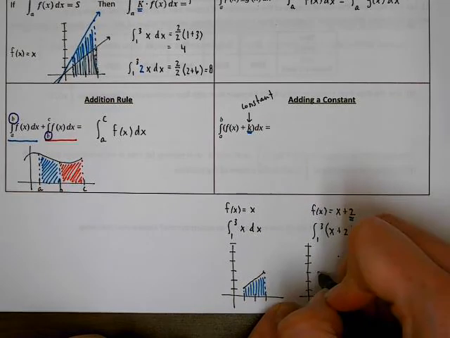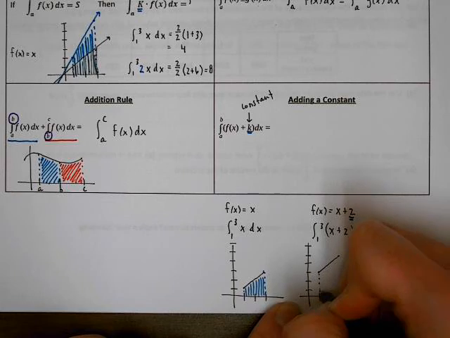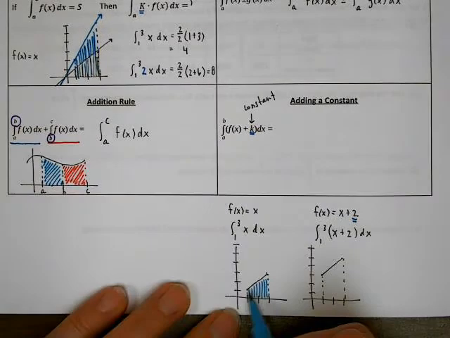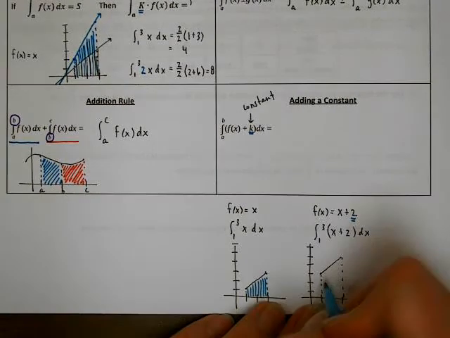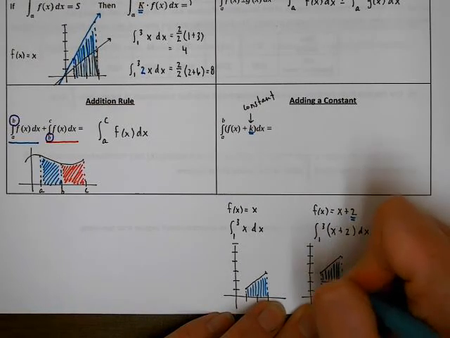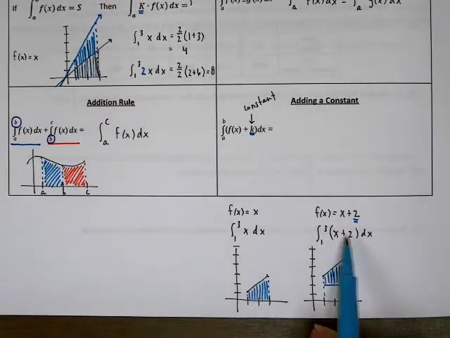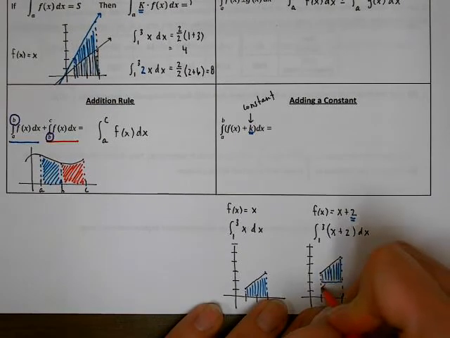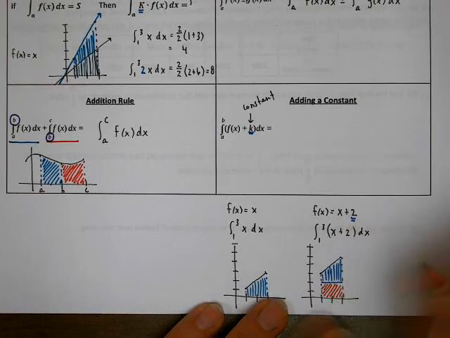And so now what we're looking at is all the area trapped under here. But what I want us to realize is this area that was here is still represented right here. What we've done by adding that plus 2 is we've shifted this figure up 2, and in doing so we created this new rectangle. Right?